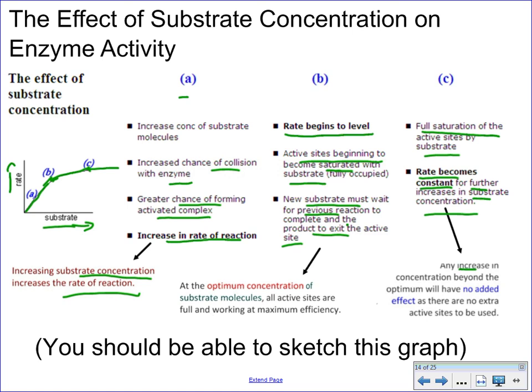So any increases in concentration beyond this optimum value will have no added effect, as there are no extra active sites to be used. As with the previous graph with pH, you should be able to sketch this graph and describe what is happening as changes in substrate concentration are made or changes in pH are made.